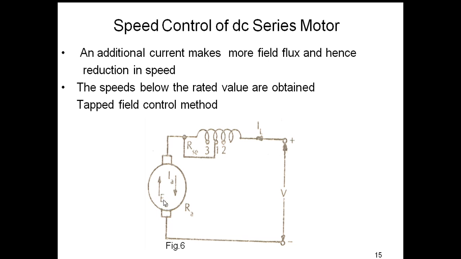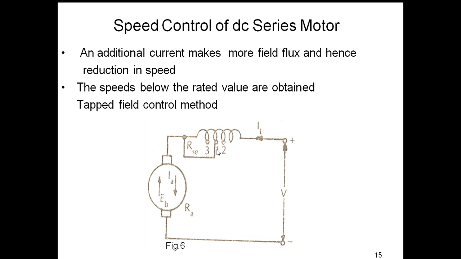Here EB is the back EMF and IA is the armature current and RA is the armature resistance.